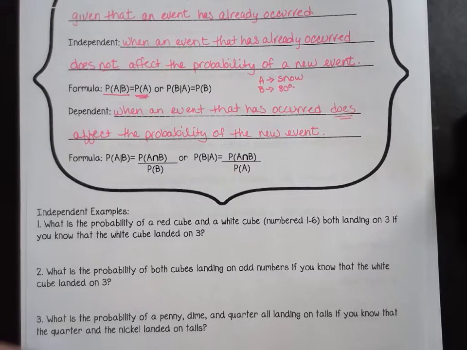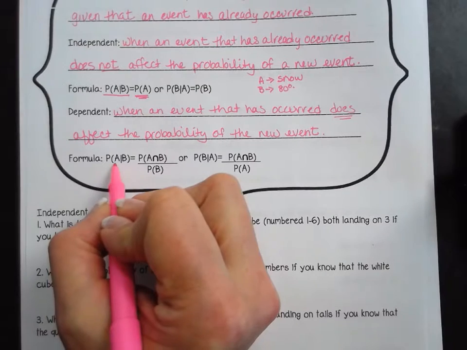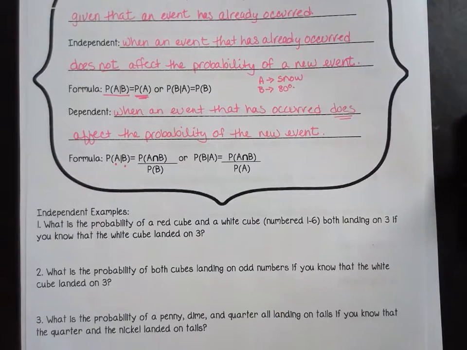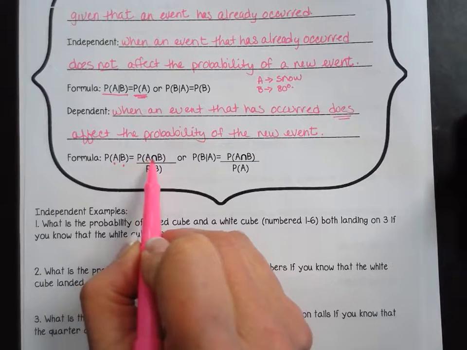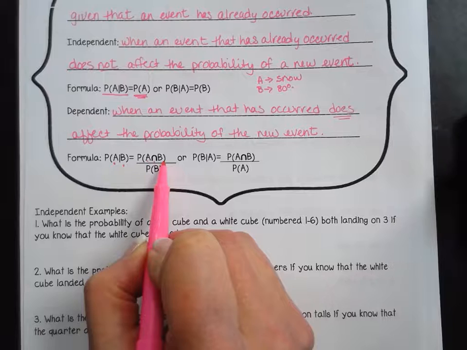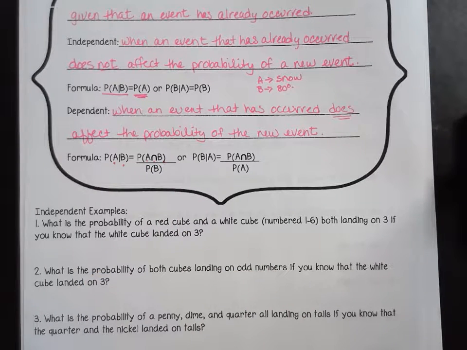Okay, so if I want the probability of A given B, then I find the probability of A and B. And how do we find the probability of A and B? If it was an and, what do we do? Multiply. Beautiful. Okay?